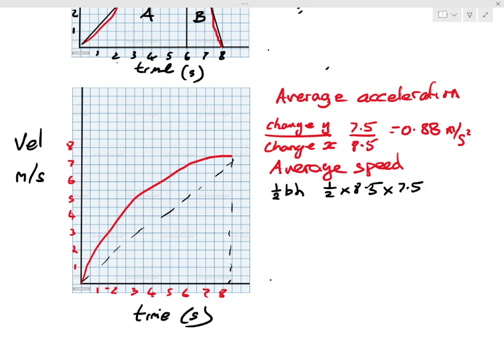So it's 0.5 times 8.5 times 7.5 equals 31.875.